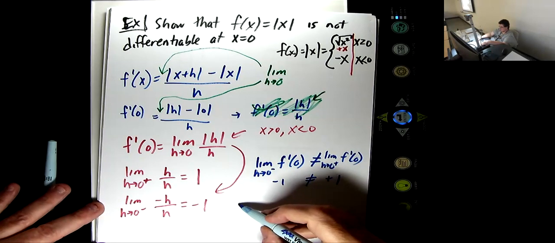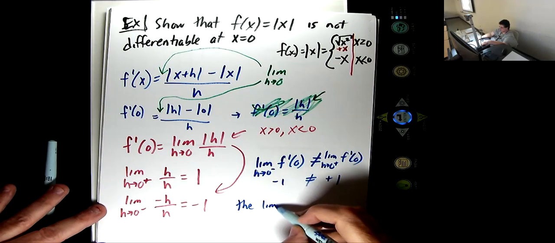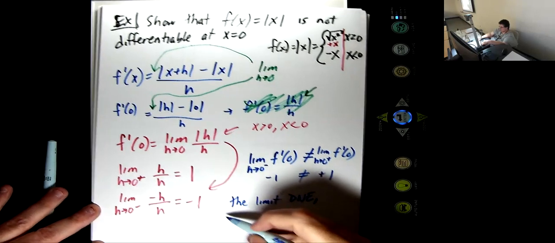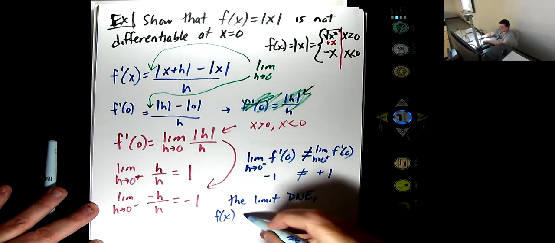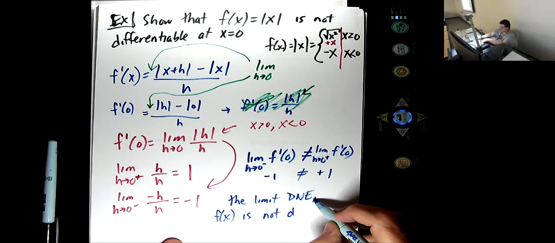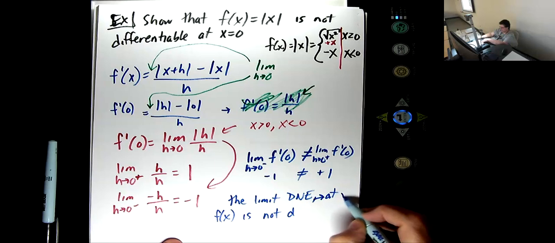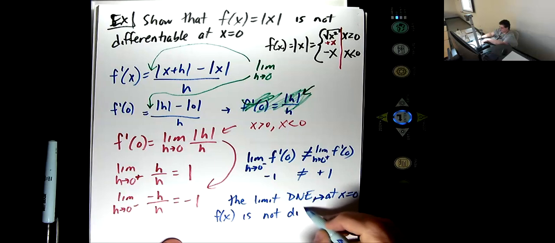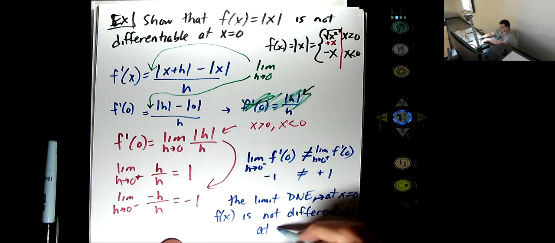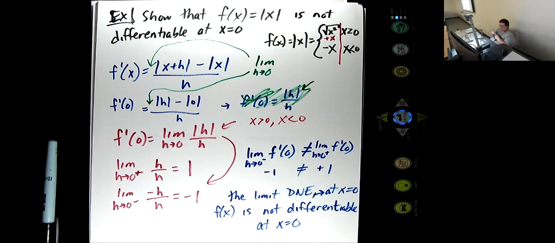So the limit doesn't exist, which means f of x is not differentiable at x equals 0. The limit doesn't exist at x equals 0. That's important. It does exist everywhere else. And that wraps that up. Peace.